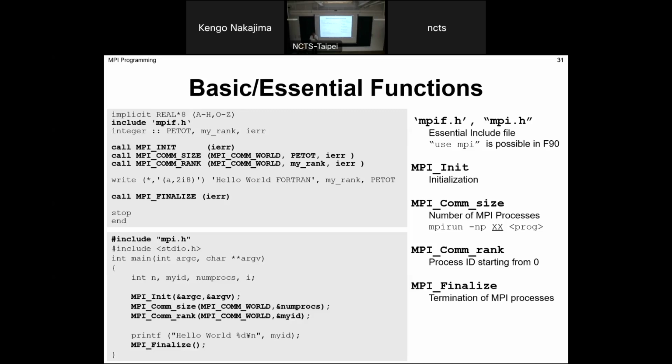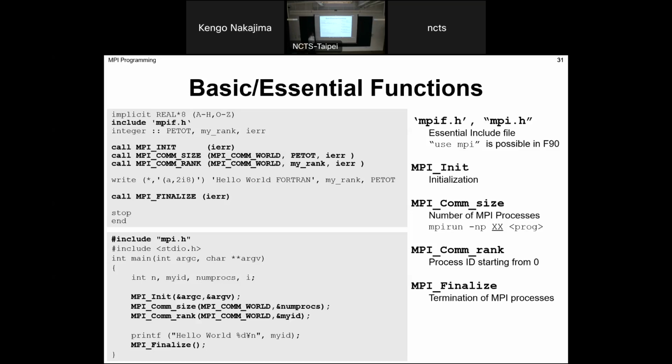Okay, so let's go inside the program. It's a very simple program, but I will show you what it's doing here. This one is hello.f, and this one is hello.c. And you can see they include mpif.h and mpi.h.